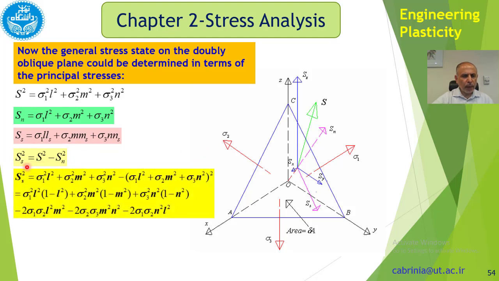So in here, SS squared is S squared minus SN squared. We had this before. Okay, and S squared is this one, and SN squared is that one. So SS squared, if we substitute these two in here, we get this.